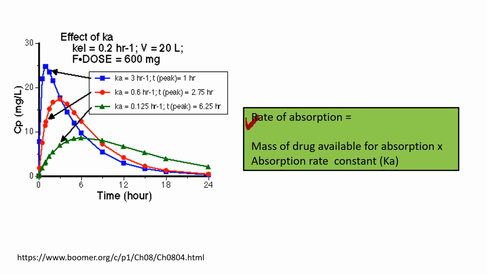In the graph, the absorption rate constants are 3, 0.6 and 0.25. The higher the absorption rate constant, the quicker the Cmax and Tmax will be observed, which is like 1 hour, as compared to here where the Tmax is like 6 hours. So definitely the absorption rate constant of 3 per hour is the winner here.